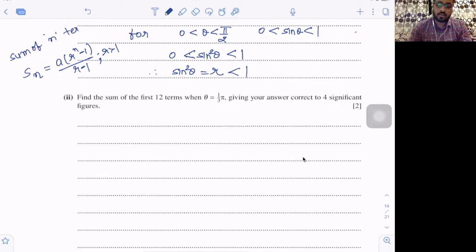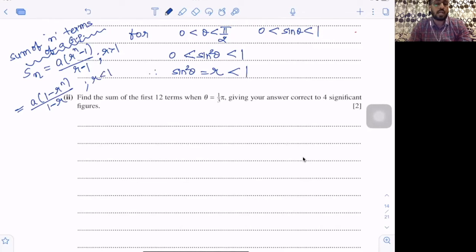So when r is greater than 1, we use one formula. And when r is less than 1, the formula changes to a into 1 minus r raised to n upon 1 minus r. So here r is less than 1. So in our case also r is less than 1. So I'm going to make use of the second formula to find the sum of first 12 terms.